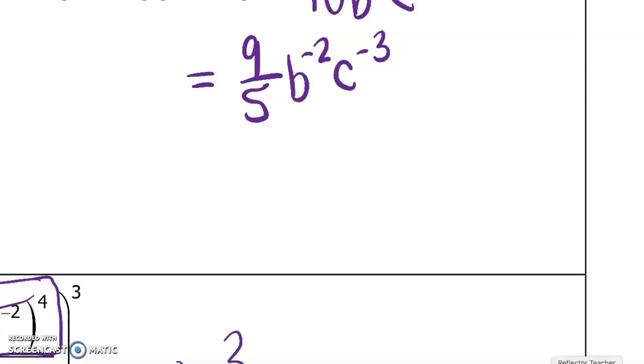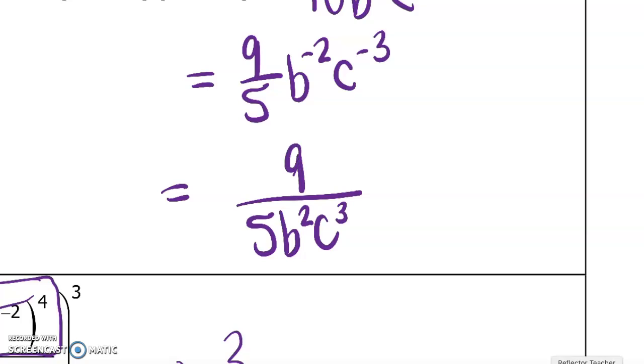So our final answer, when you have your fraction, the 5, b to the 2nd, and c to the 3rd are all on the bottom. The only thing left on the top is a 9.